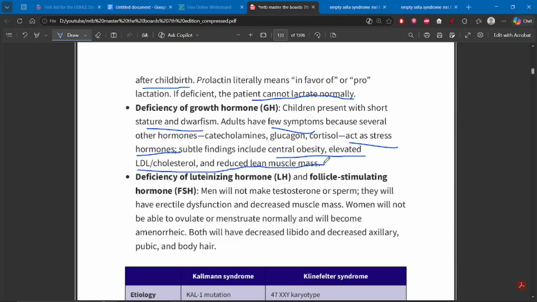So this can be caused by a deficiency of growth hormone. It's quite easy to keep in mind because if you remember the physiological effects of growth hormone, then it would be easy to know what happens in its deficiency.